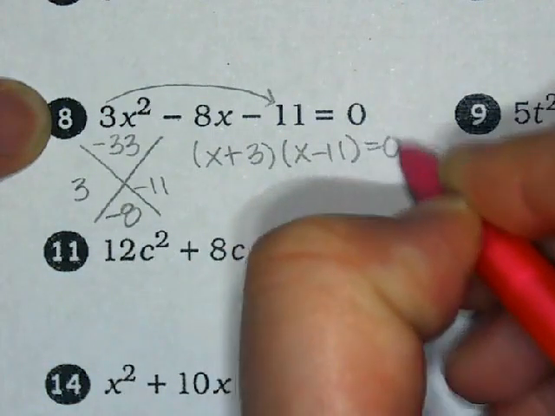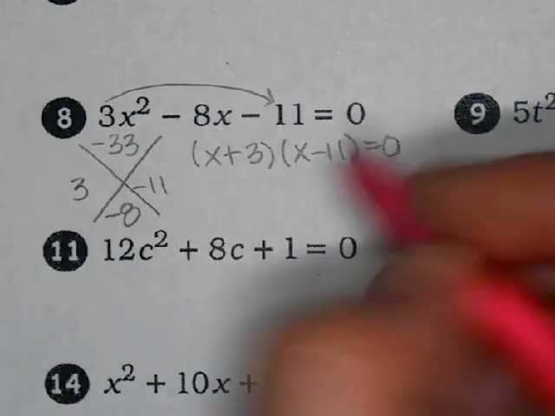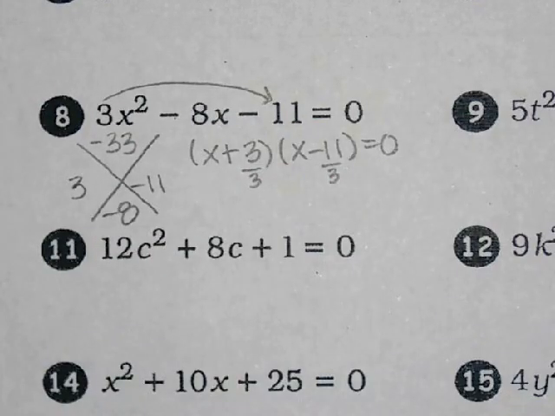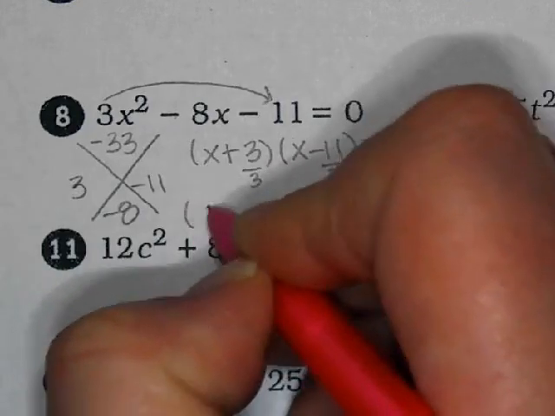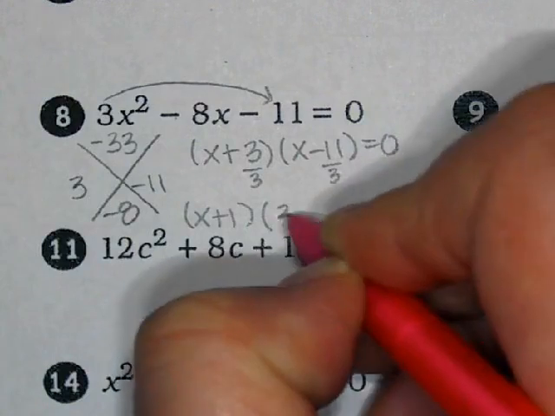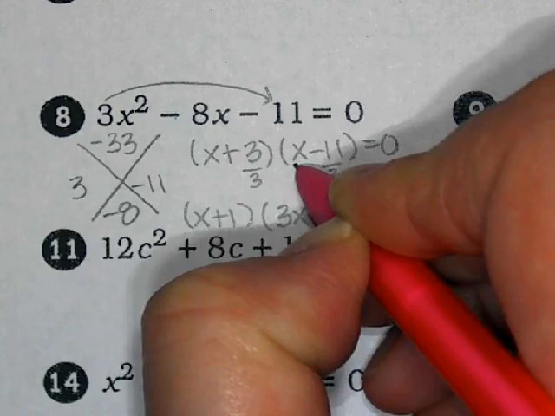This is not a ton of space to write, so if you want to do it on a separate sheet of paper, that is fine. Okay, and then what should we do? Divide by 3. And the first set of parentheses is x plus 1. The second set of parentheses is 3x minus 11, because we did bottoms up for that one, so we took the 3, moved it in front of the x.